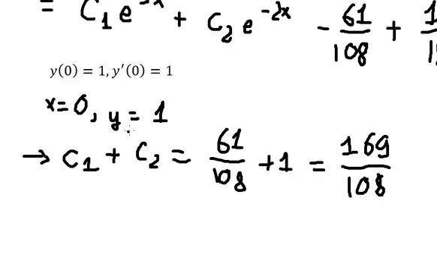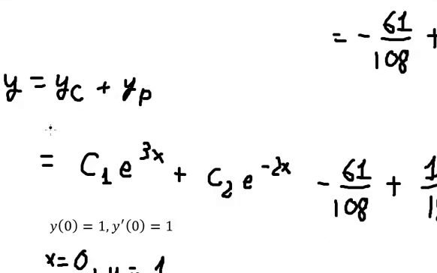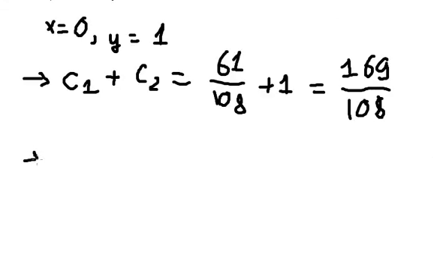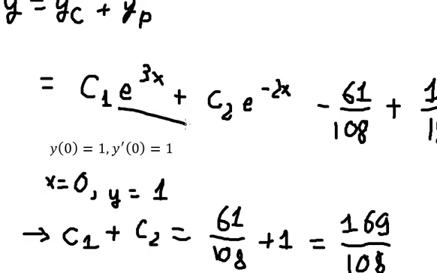Equation number 2 is about the first derivative. We need to do the first derivative of y. So for this one, we do the first derivative of e to the power of 3s.